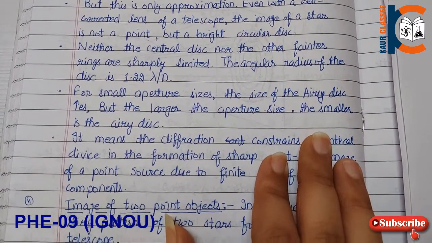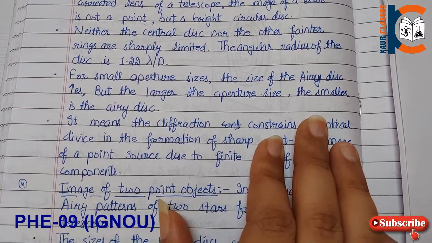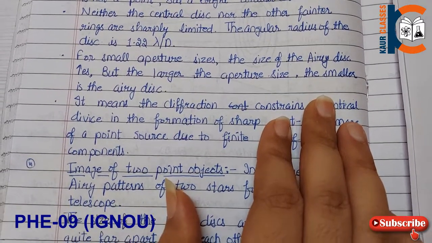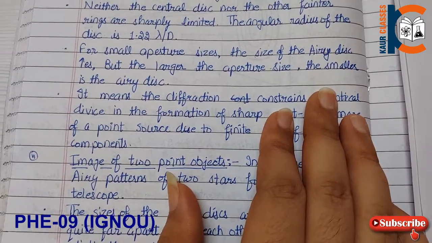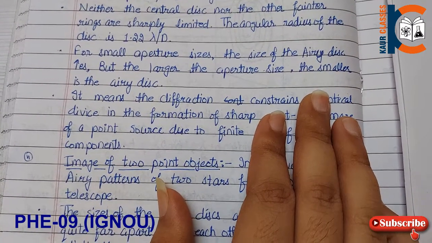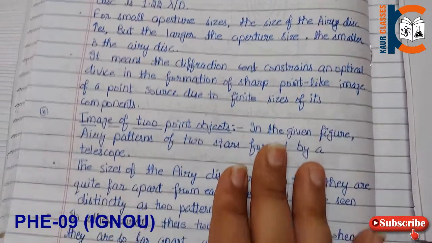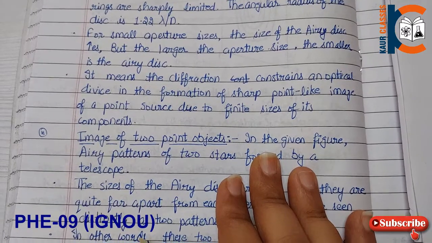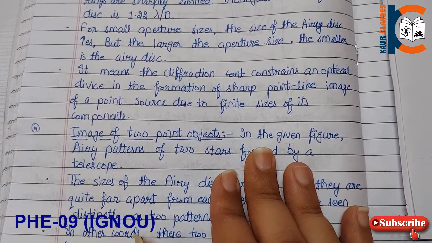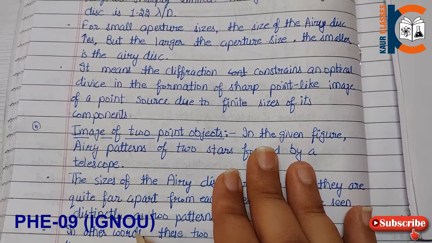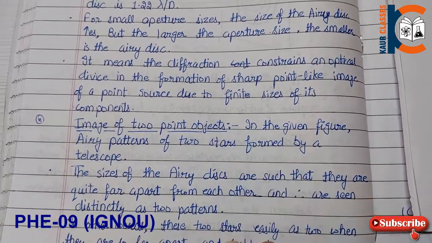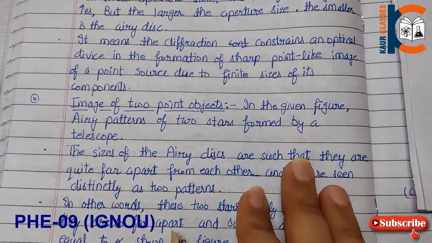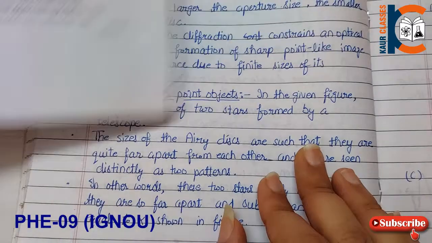Neither the central disk nor the other fainter rings are sharply limited, and the angular radius can be found by the formula 1.22 lambda upon d. For small aperture sizes, the size of the airy disk increases, but the larger the aperture, the smaller the airy disk. The image of a two-point object is shown in the given diagram.